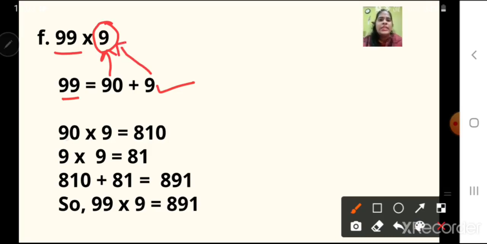Okay, see here, 90 into 9 is equal to 810. Correct? And 9 into 9 is equal to 81. Now as we have got the product, the next step is we have to add 810 plus 81. When we add 810 plus 81, we will get 891, which is our final answer. So you can write down here 99 into 9 is equal to 891 in this way. Okay.